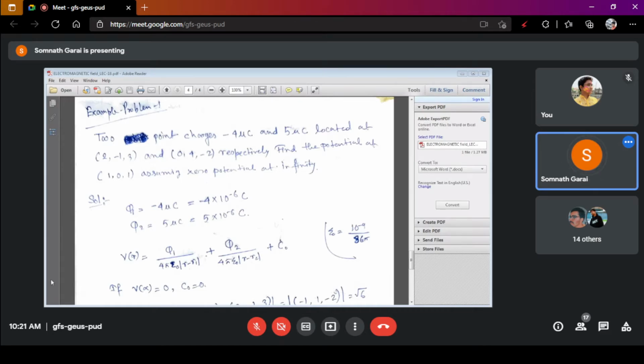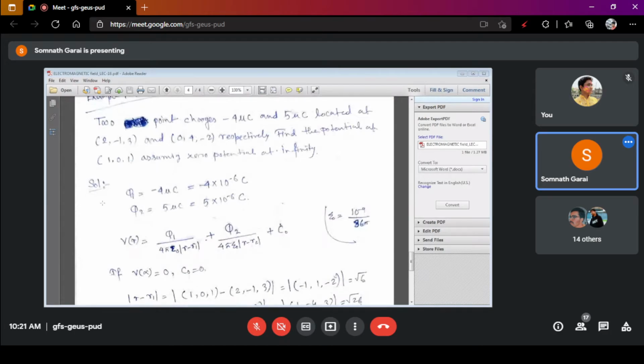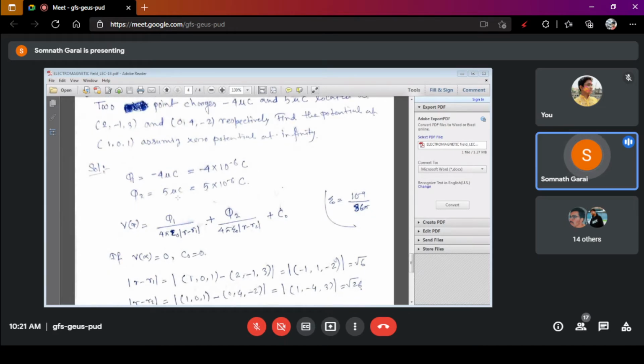Now the value of q1 is 4 microcoulomb, that is 4 into 10 to the power minus 6 coulomb. Q2 is 5 microcoulomb, that is 5 into 10 to the power minus 6 coulomb.